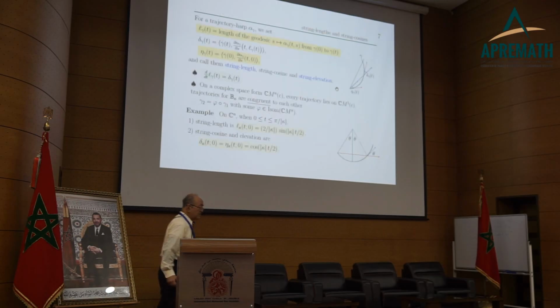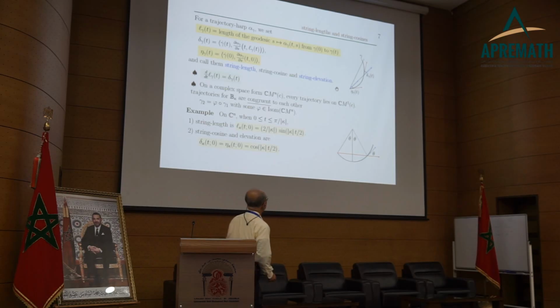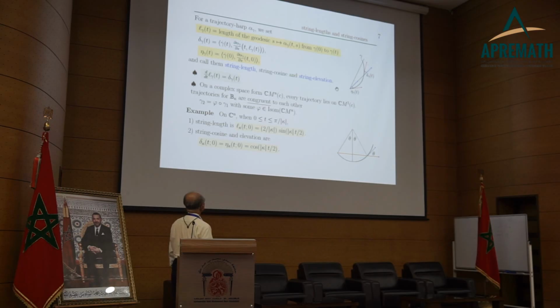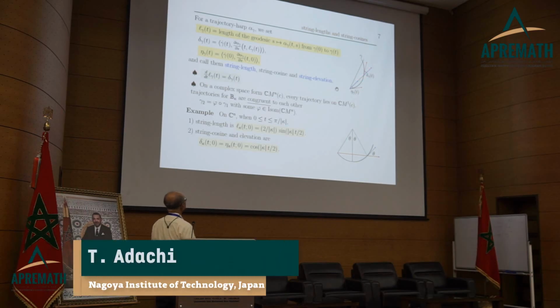So, to measure this trajectory half, we here introduce some quantities. For the trajectory half, we set L gamma, the length of the geodesic between the origin and here, the length L. And delta is the inner product of the velocity vector of gamma and the velocity vector of the geodesic.